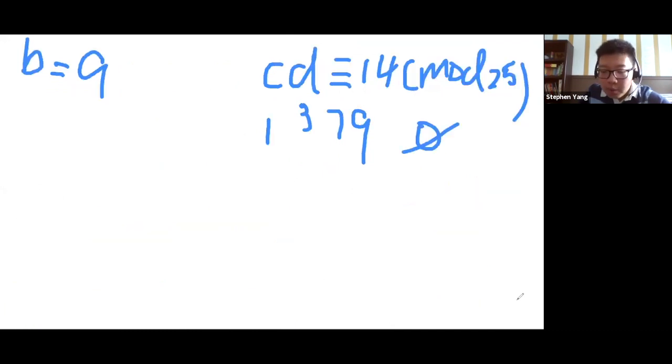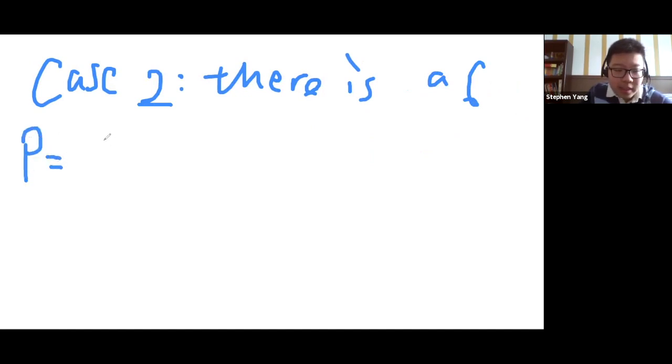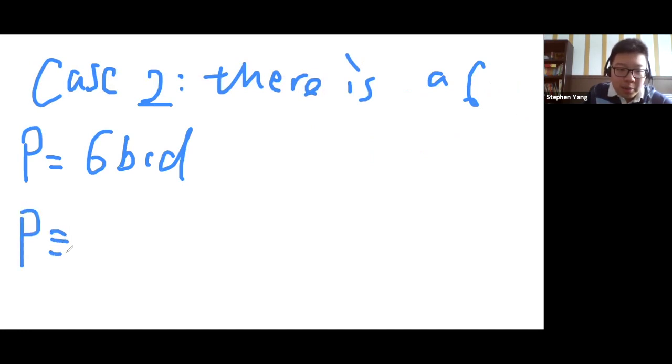Now, case 2, there is a 6. So in this case, P is equal to 6 times BCD, which means P would be congruent to 17 mod 25.